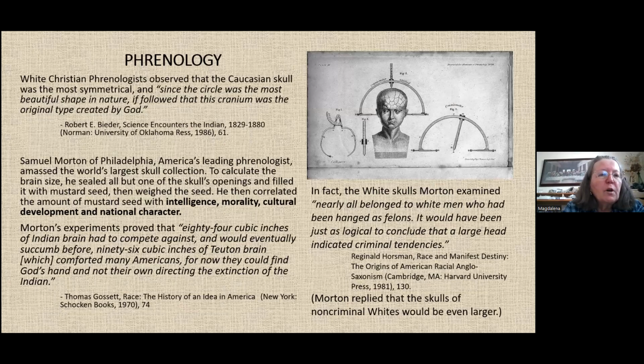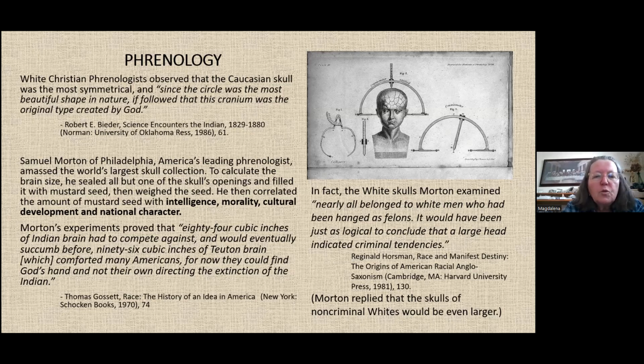White Christian phrenologists observed that the Caucasian skull was the most symmetrical, and since the circle was the most beautiful shape in nature, it followed that this cranium was the original type created by God. Samuel Morton collected the world's largest skull collection.